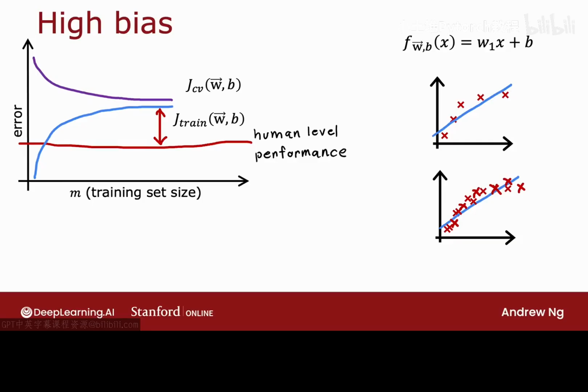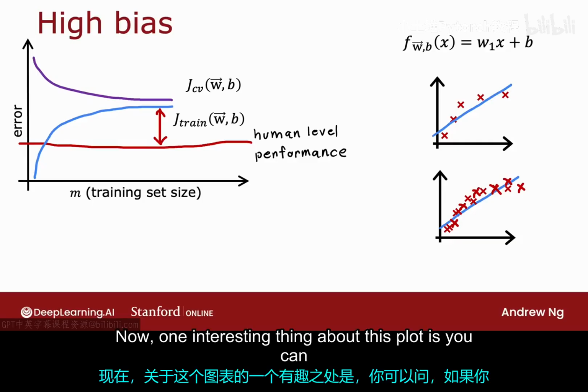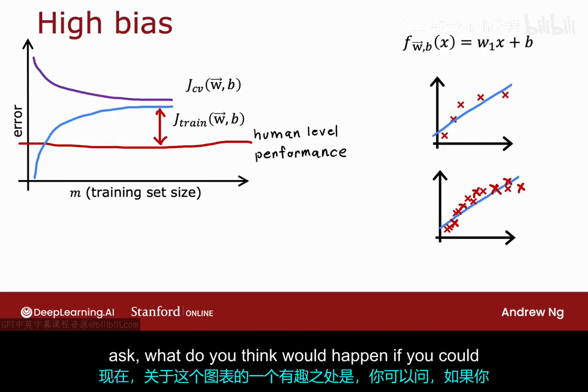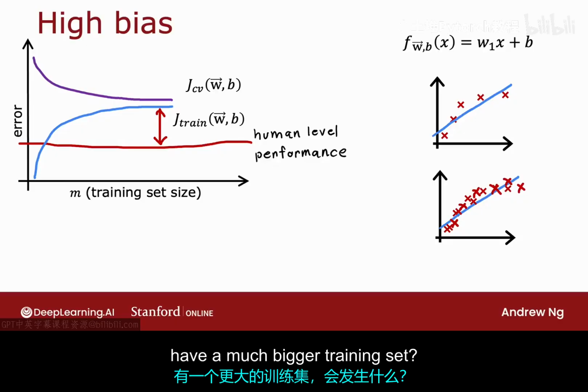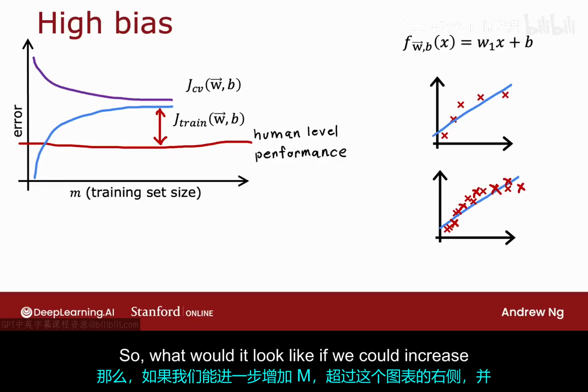Now, one interesting thing about this plot is you can ask, what do you think will happen if you could have a much bigger training set? What would it look like if we could increase m even further, to the right of this plot?